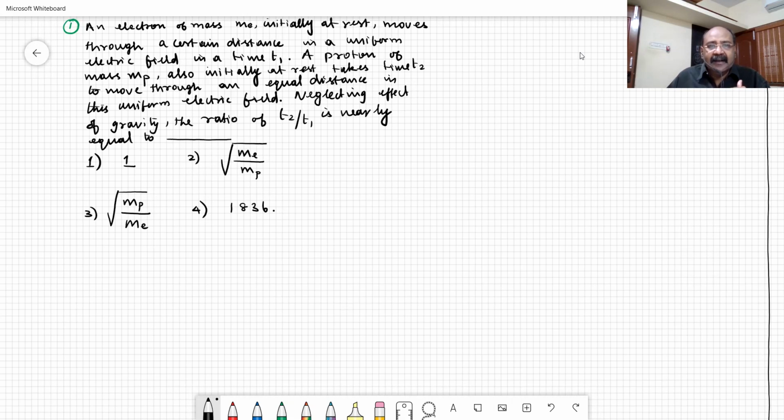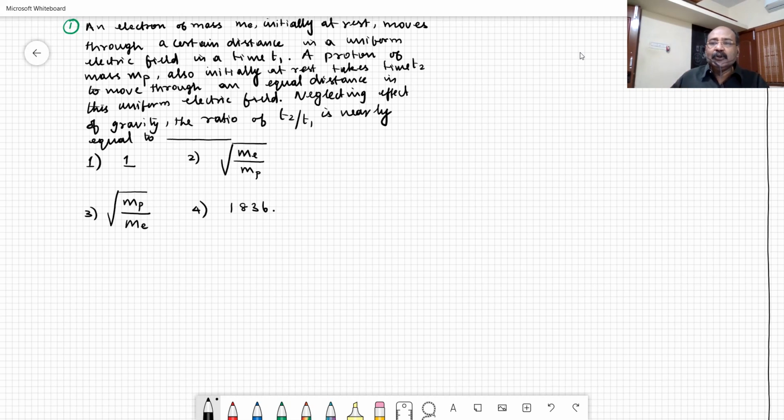Then, instead of the electron, a proton of mass mp, which is also initially at rest, takes a time t2 to move through an equal distance in the same uniform electrical field. Neglecting the effect of gravity, the ratio of T2 divided by T1 is nearly equal to.